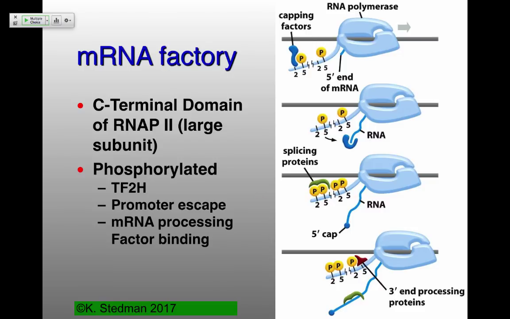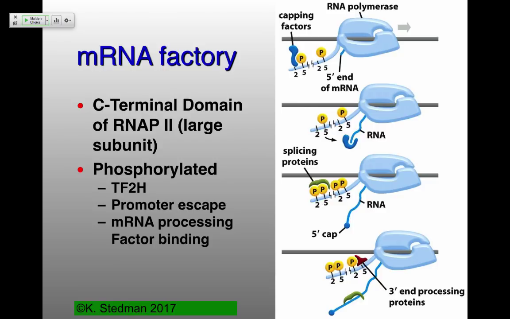So once you have your pre-initiation complex, which is bound, then you have the helicase activity, then you have abortive initiation, and then finally you start to elongate. That's due to phosphorylation. But also, and important for this lecture, the phosphorylation of this CTD is important for interaction with other factors. Now, what's a factor again?